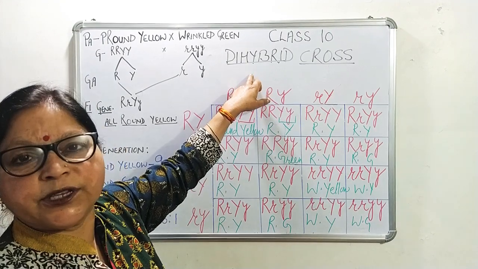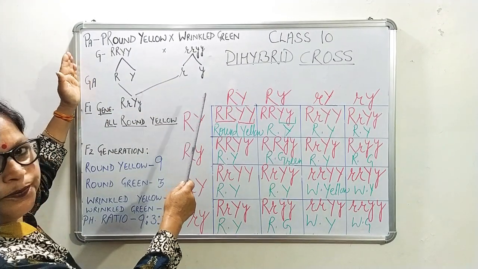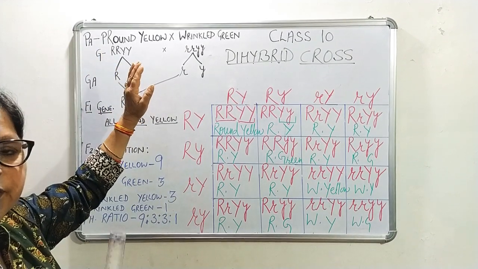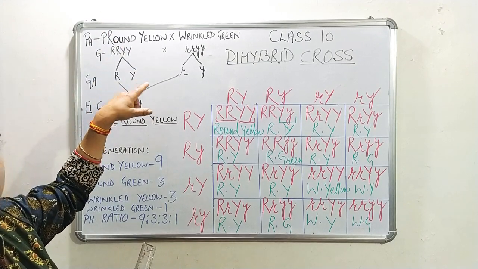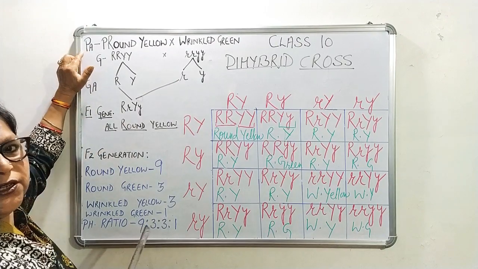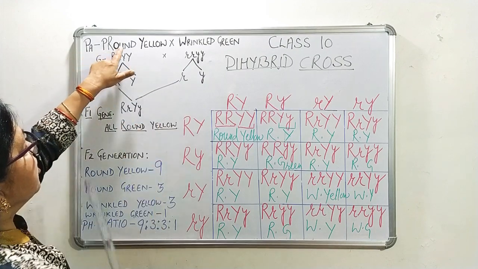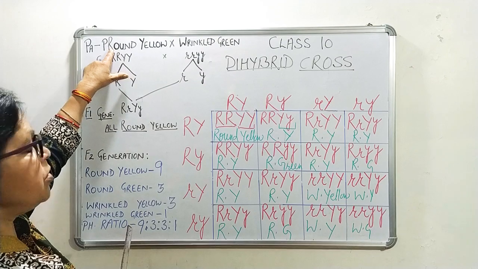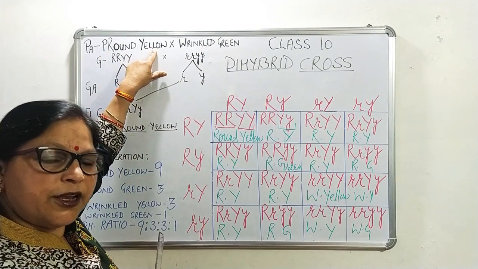What did Mendel do in this experiment? He considered two characters on pea plant. As I had already told you previously, pea plant has several characters with contrasting traits. He selected two pea plants, one which was producing round and yellow seeds. Now see, round is the shape of seed and yellow is the color of seed.